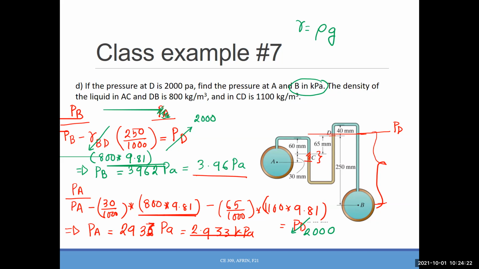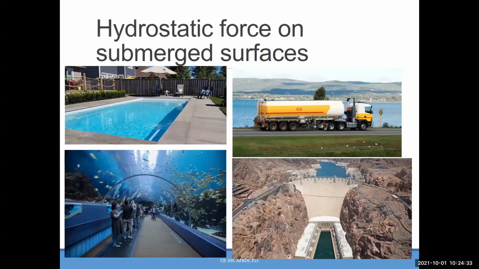Now, till now, we only calculated all the pressure variation and everything. Now, the next part of this course, we will try to find how we can find the hydrostatic force. What is the relation between pressure and force? Can you remind me that?